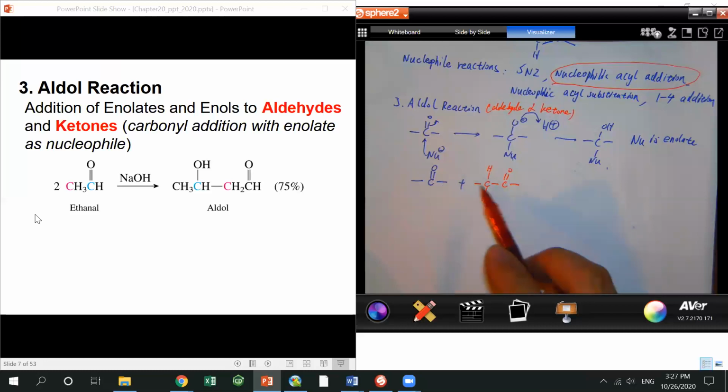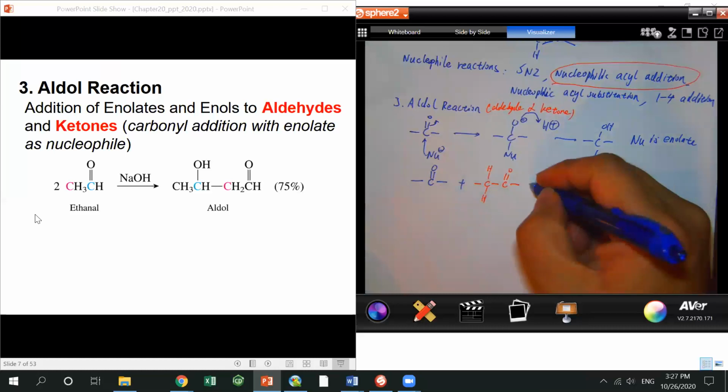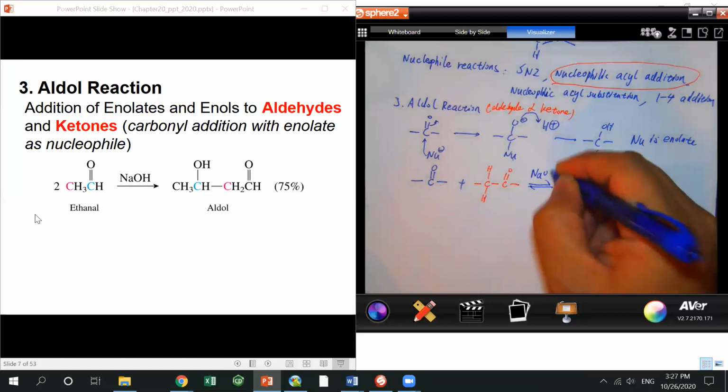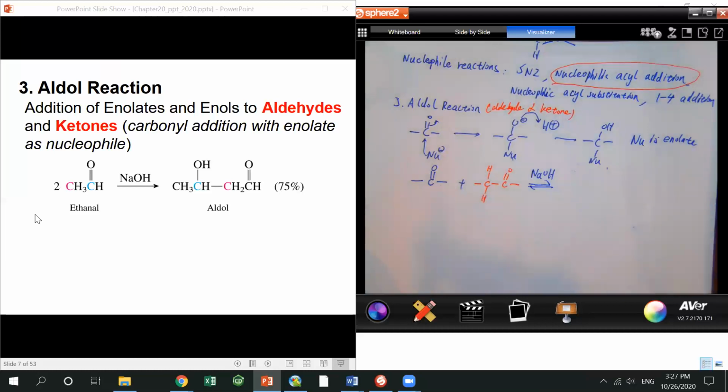The blue one contributes the carbonyl carbon, and the other aldehyde or ketone contributes the alpha carbon, so you build a bond between these two. The reagent used for this reaction is most of the time sodium hydroxide.